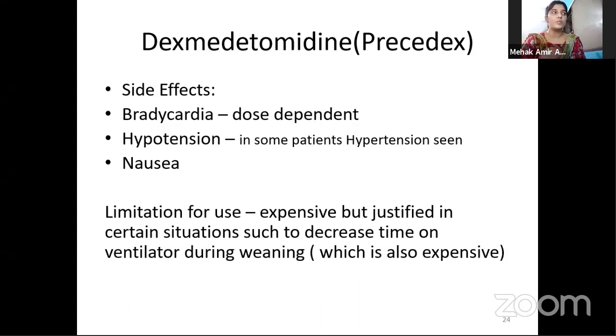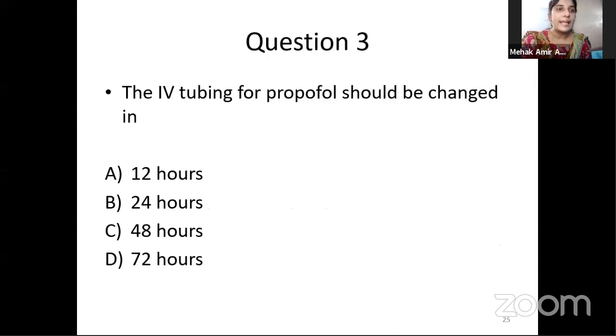But on the other hand, if you see the risk versus benefit ratio, it reduces the time of ventilation, so it is causing a lower cost of the ventilator. So when you look at both sides, Precedex is a very good option for us for COVID patients. Next slide, please.